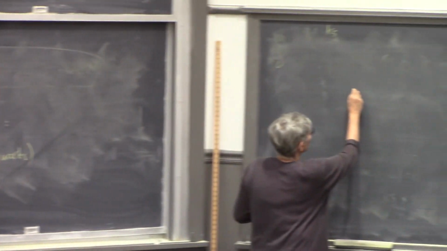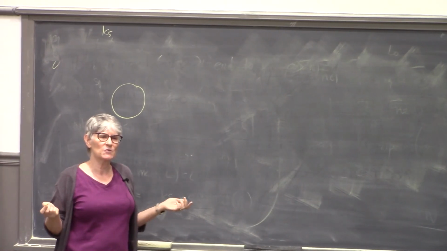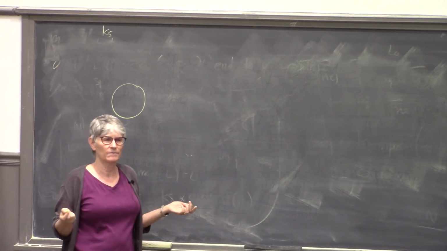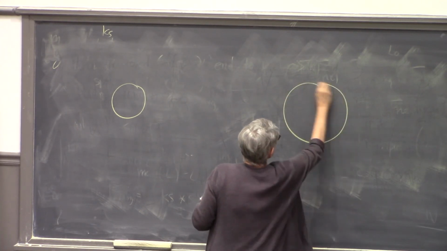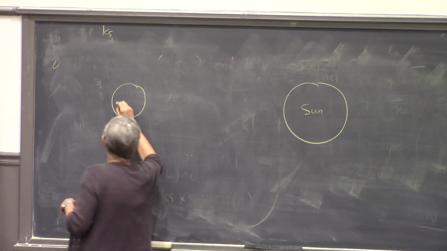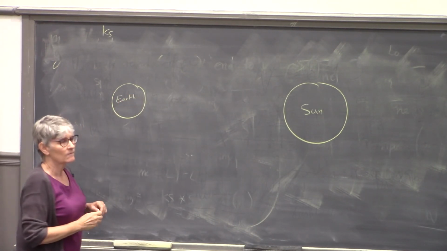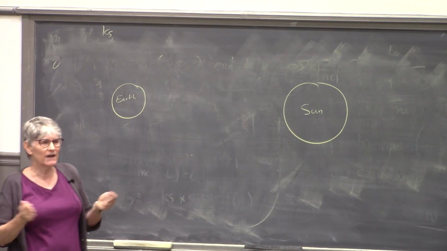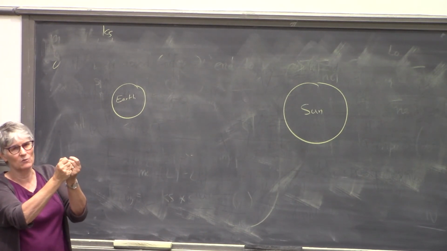So here's the basic idea of a gravitational force. And Isaac Newton, of course, was the first person to realize that this was the case. So if we have two massive objects like the Earth and the Sun, or even two tiny objects like two protons, they interact the same way.